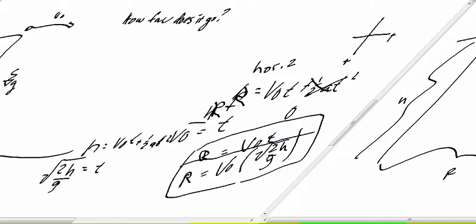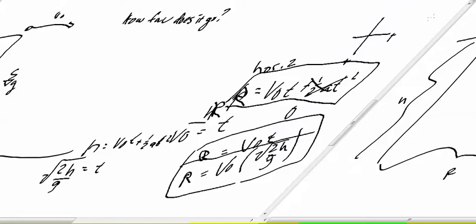Can I write on here? Yeah, go for it. So we solved this, and it was basically the third equation, but substitute h with r, and just solve it. I cross out the second part because horizontal has no acceleration, so it equals 0.